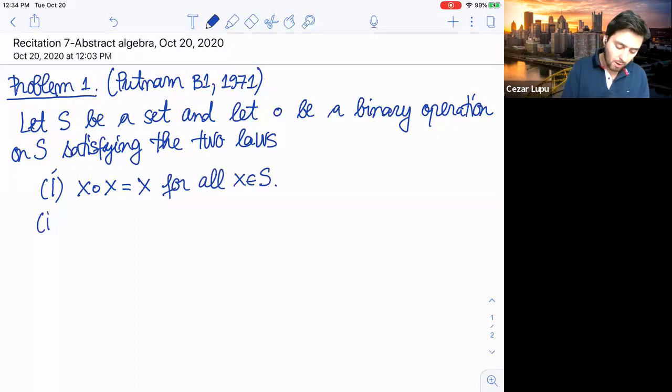And the second law is some kind of associativity, but not quite. It's x circ y, and everything circ z.